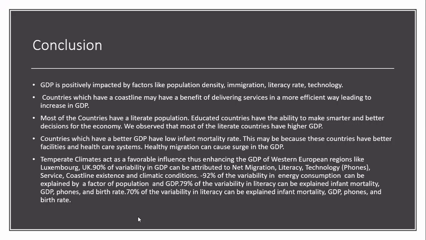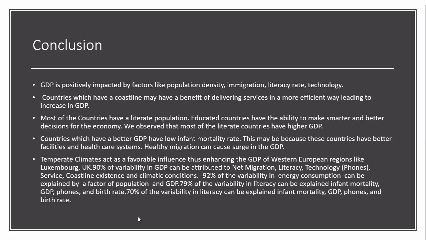So based on what we calculated, we figured out that GDP is positively impacted by population density, immigration, literacy rate, and technology. Here we have phones. So based on that, GDP improves. The economic condition of a country improves, and it affects the GDP of a country.